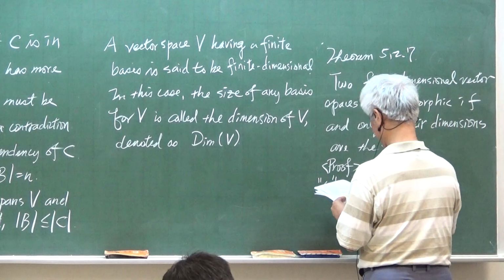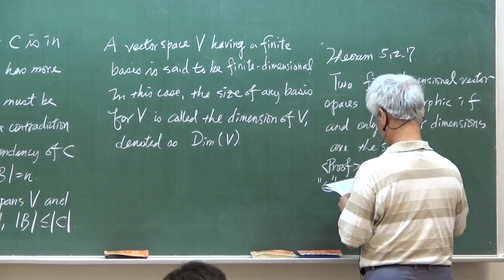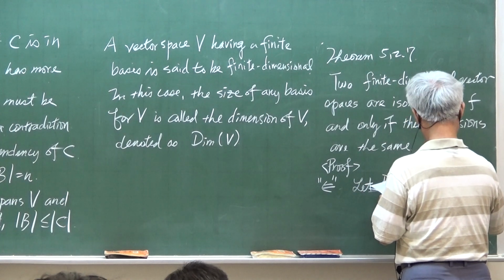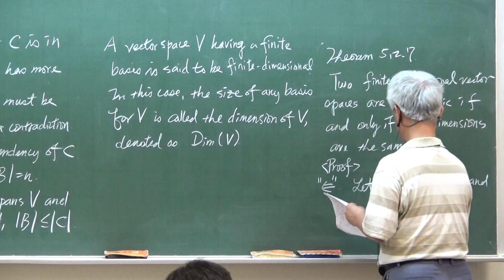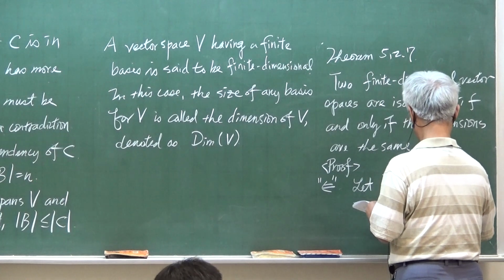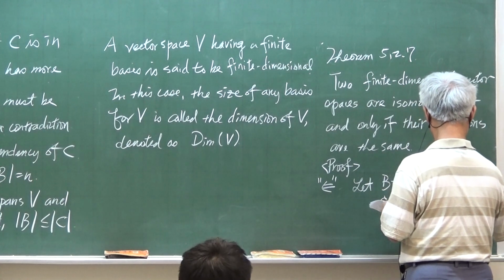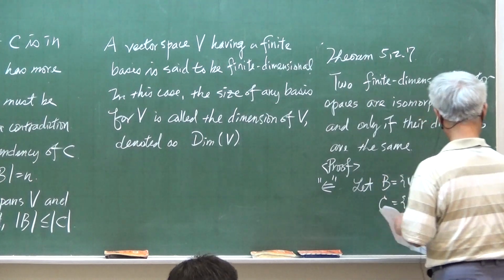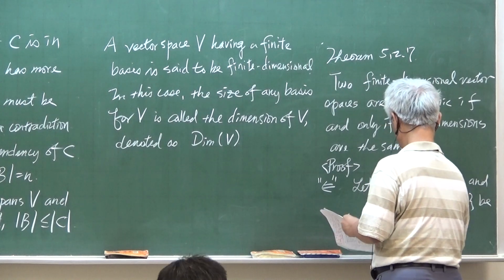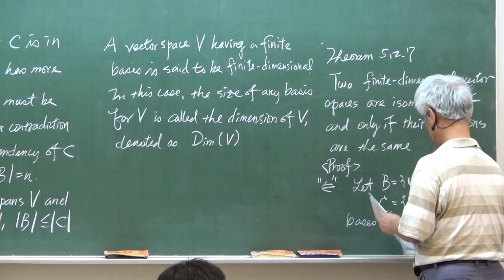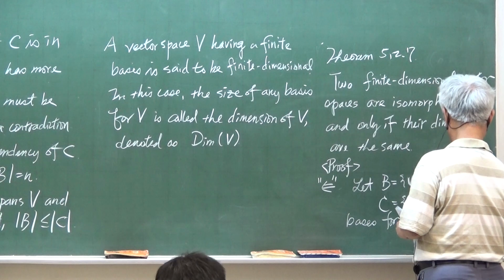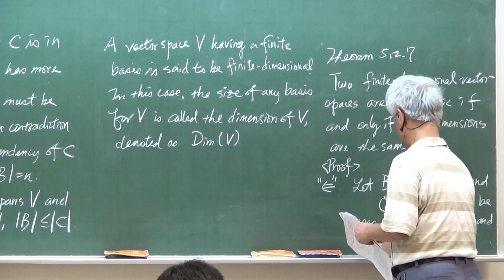So let B = {V1, ..., Vn} and C = {W1, W2, ..., Wn} be bases for vector spaces V and W respectively.